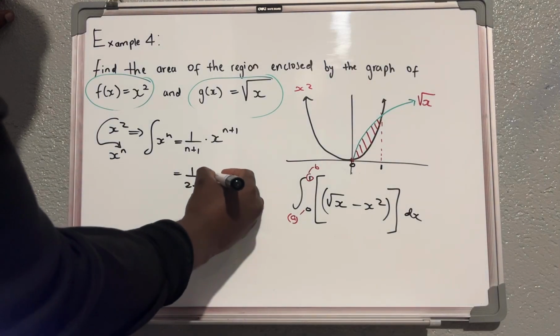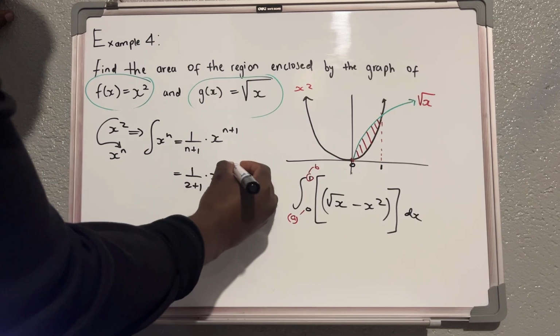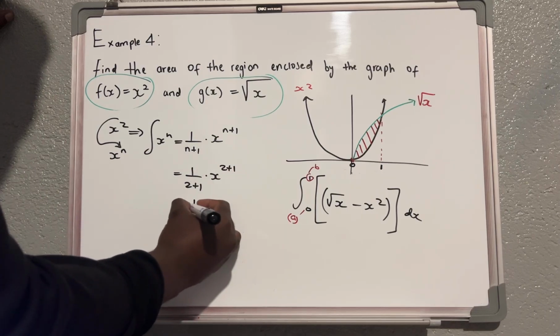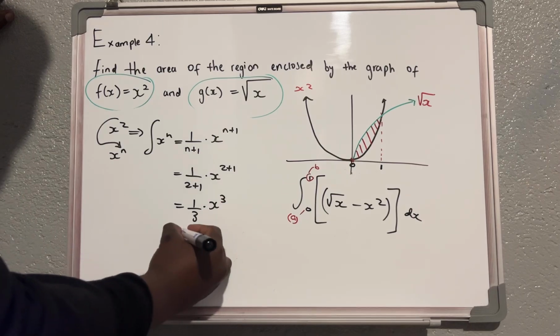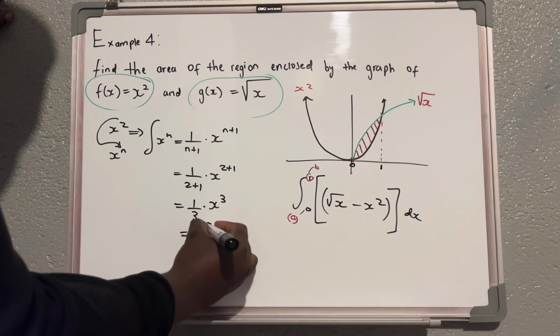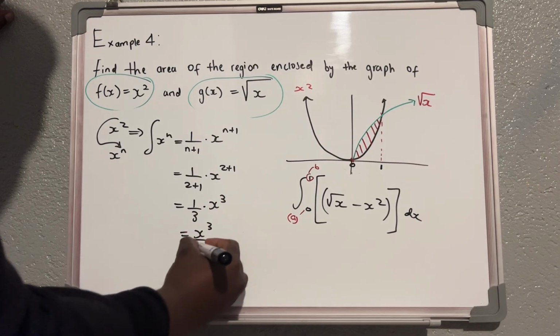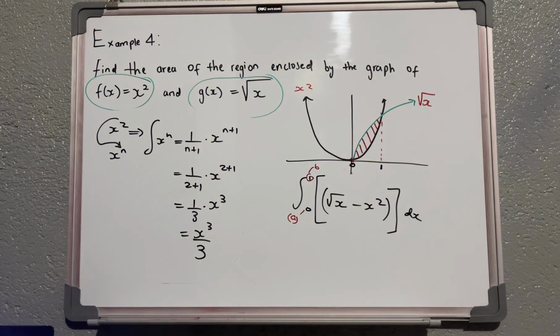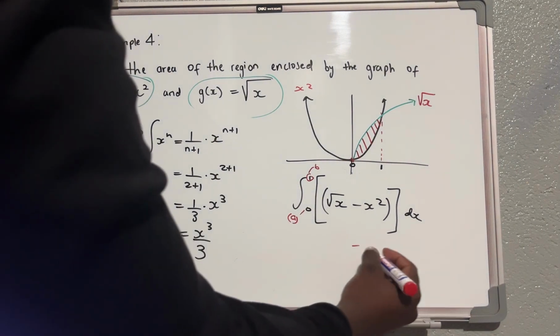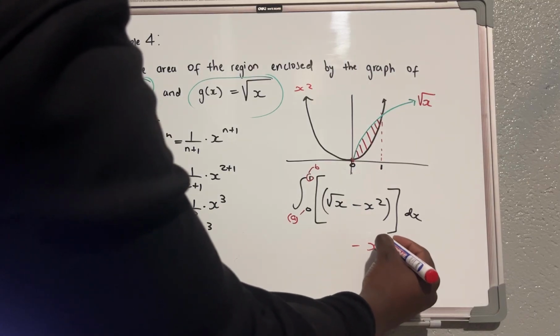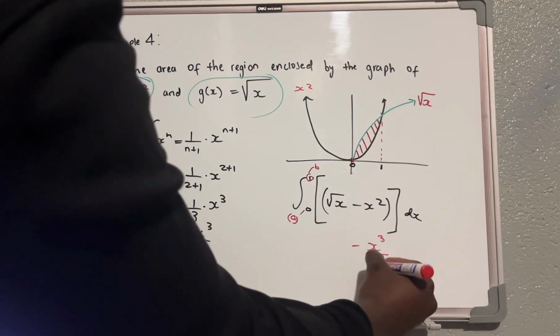Here you will have x to the exponent 2 plus 1. Then this becomes 1 over 3 multiplied by x to the exponent 3, which is the same as x to the exponent 3 over 3. So the antiderivative for this one is minus x to the exponent 3 over 3.